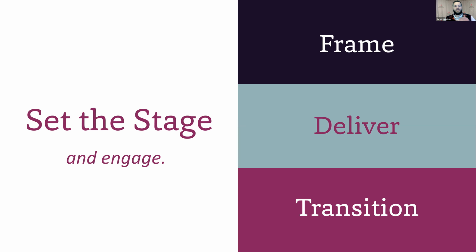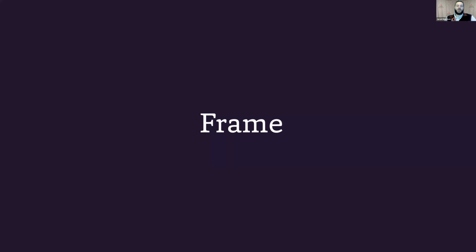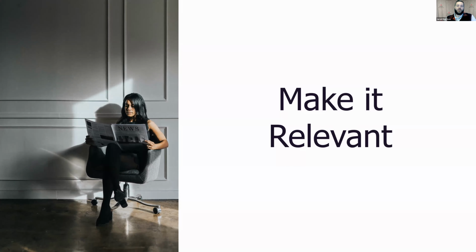As we move into that frame piece, this is where you want to really take your content and make sure to apply it appropriately and make it relevant to your audience or your learners. There's a few ways that we like to do this. One of those is to anchor your content with something that the learners may know. That could be current events.